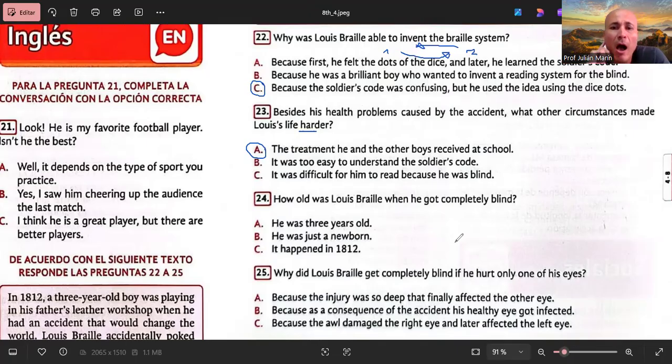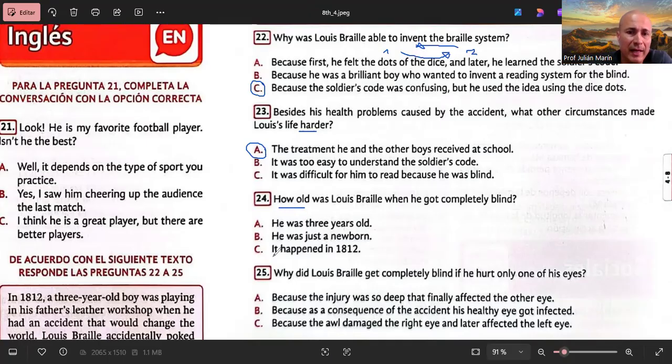24. How old was Louis Braille when he got completely blind? Okay, so yes, they mention he was 3 years old. So pay attention to this. How old? This is answering directly the question. Now, B, he was just a newborn. No, this is not true because the accident happened when he was 3.